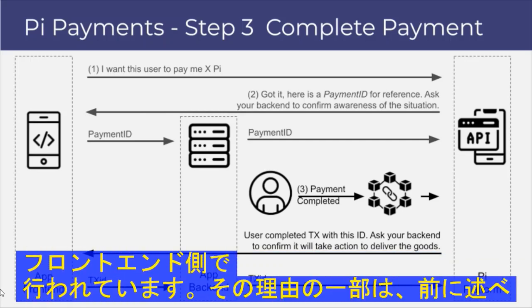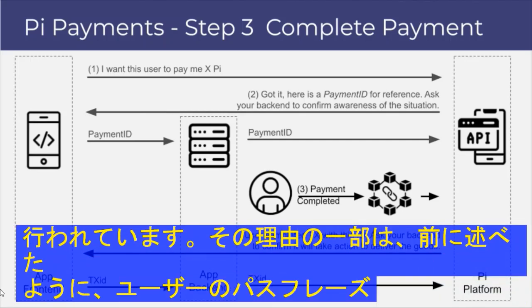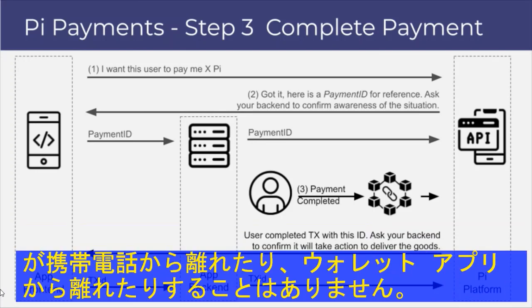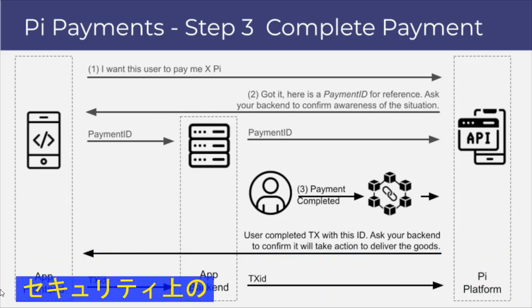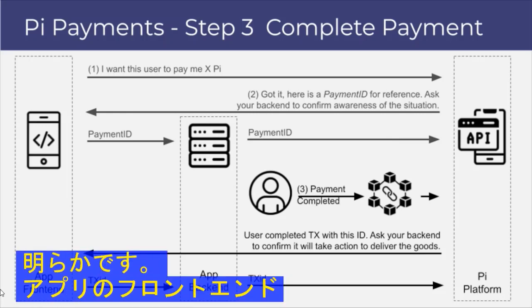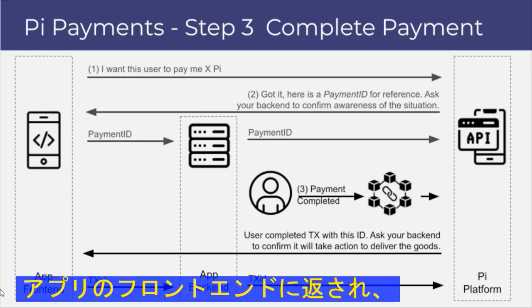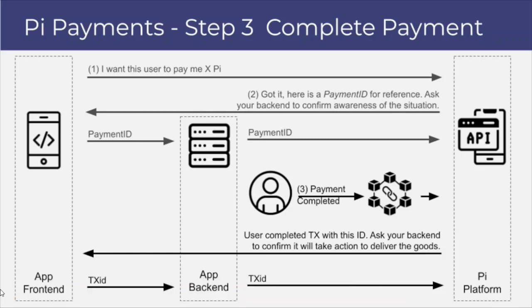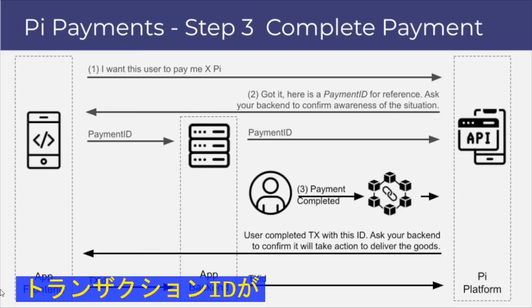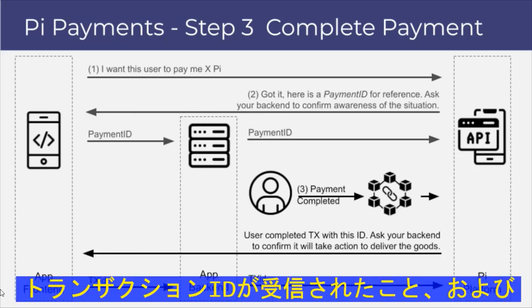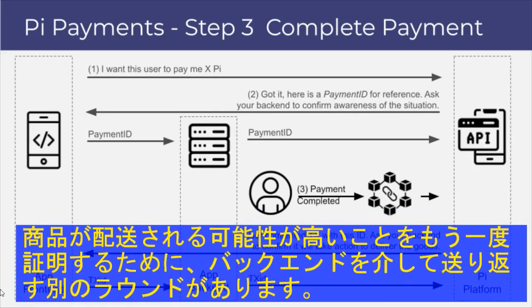And this is all happening on the front end side. Part of the reason being, as we said earlier, the user's passphrase never leaves their phone and never leaves their wallet app, for obvious security reasons. So now the transaction ID is returned to the app's front end, and there is another round of sending it back through the backend in order to once again prove that the transaction ID has been received and that there is a good chance whatever goods will be delivered.